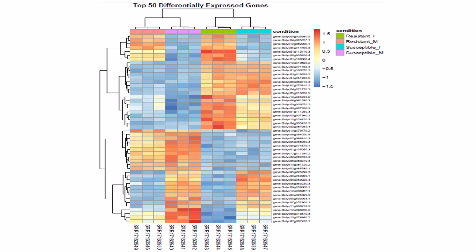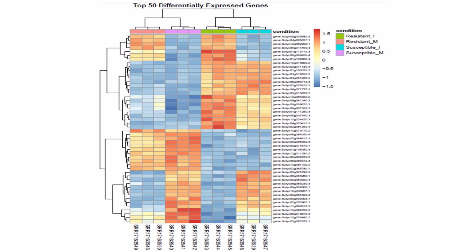The heat map shows the expression pattern of the most significant differentially expressed genes across all the samples. Each row represents a gene and each column represents a sample. The color gradient indicates relative expression levels, where red represents the higher expression and blue represents the lower expression.